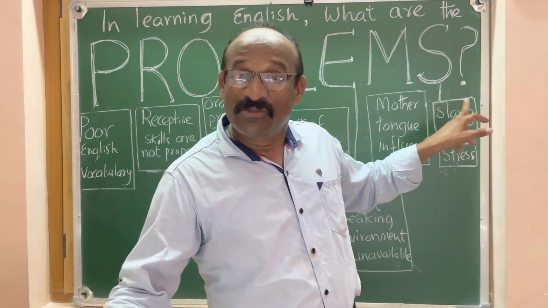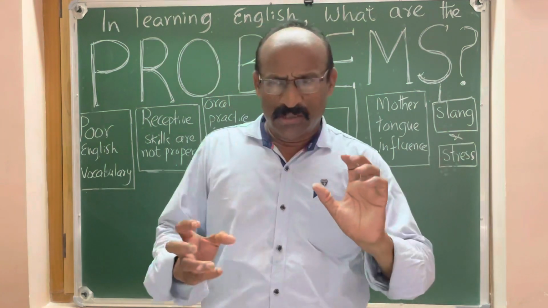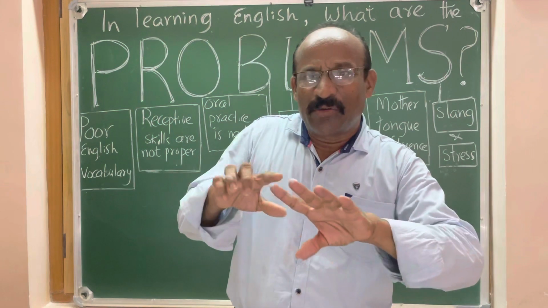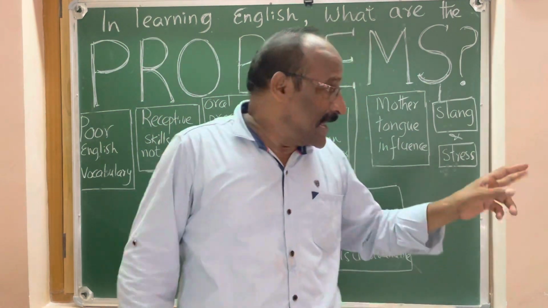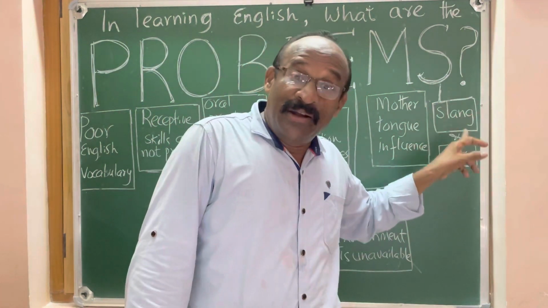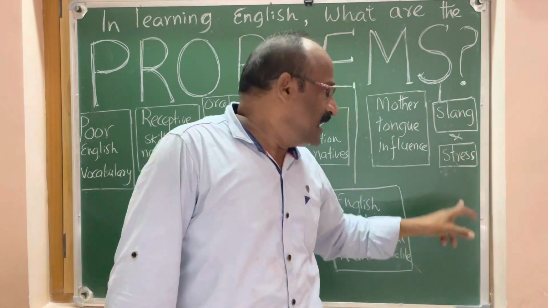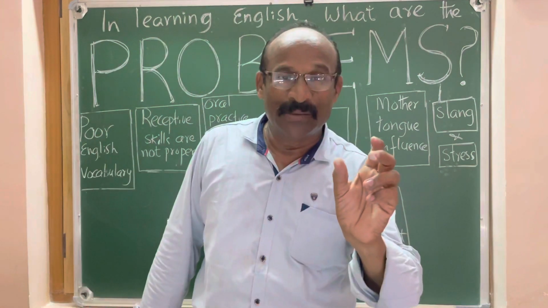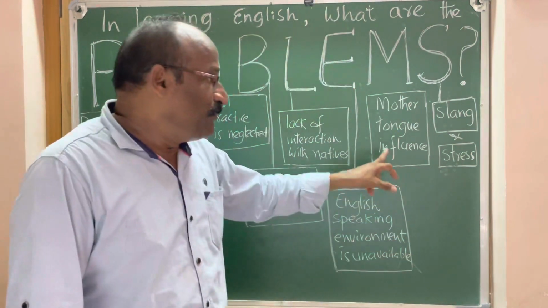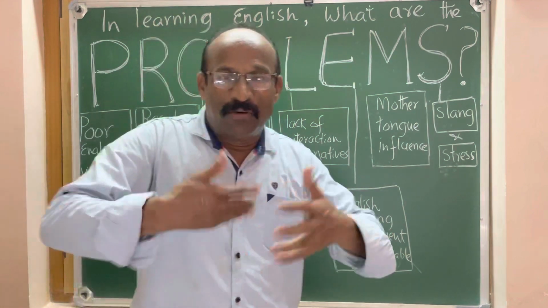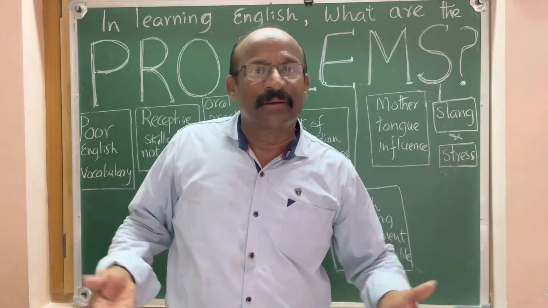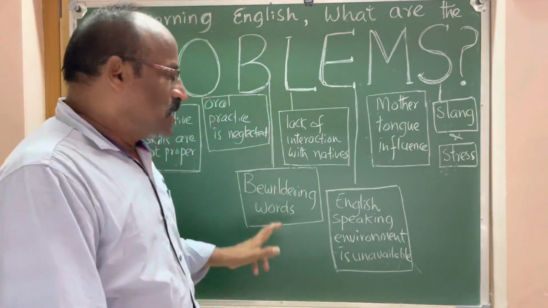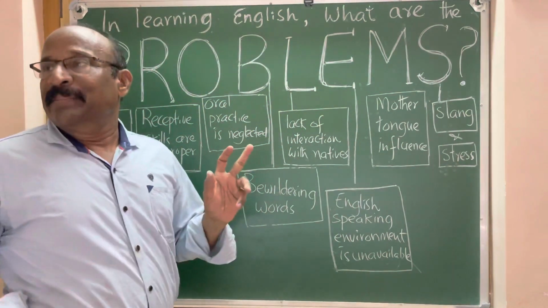If you want to watch a movie, there are many slangs, and non-native speakers find it very difficult to learn slang. These are the 8 major problems in learning the English language. If you overcome all these problems, one can learn English very effectively and efficiently. So one has to try to overcome these things.